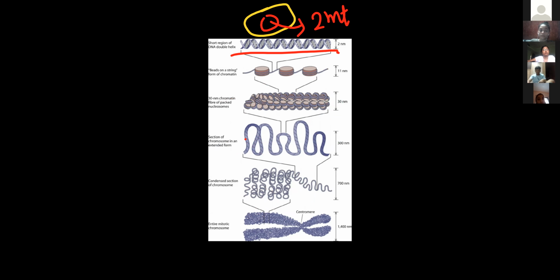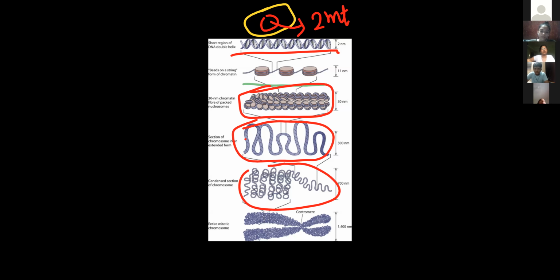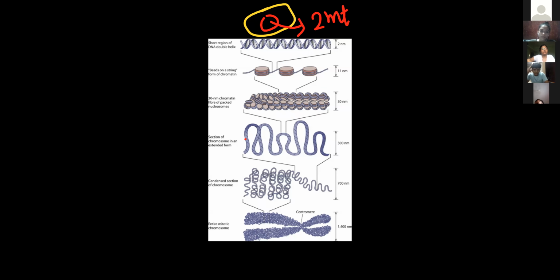See in this diagram, these are the histone proteins, and the DNA wraps on them. Then a network is formed, then thread-like structures are formed, and these thread-like structures are arranged in such a way that they form a chromosome.